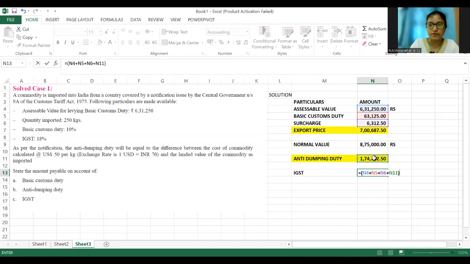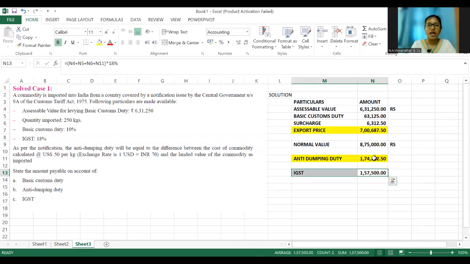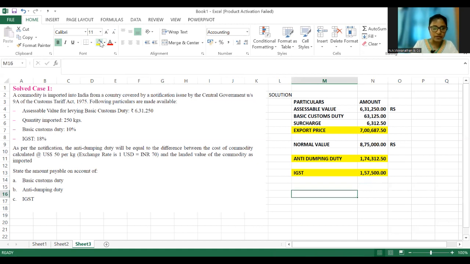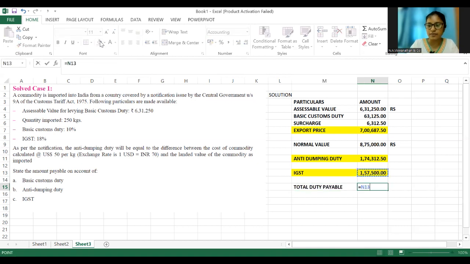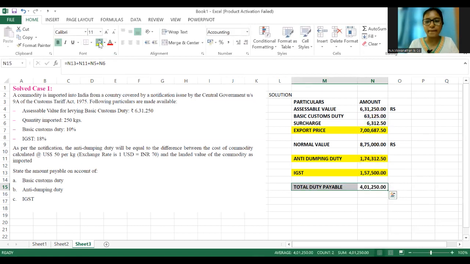On this, we will take 18%. This will be our IGST. So what is the total duty payable here? It is the sum total of all the duties: anti-dumping duty, customs duty, surcharge, IGST. So this will be our total duty payable.